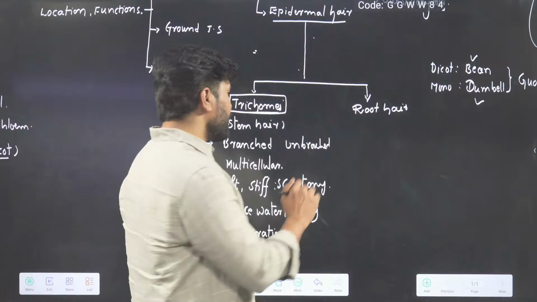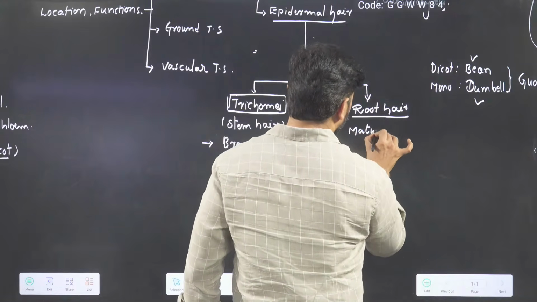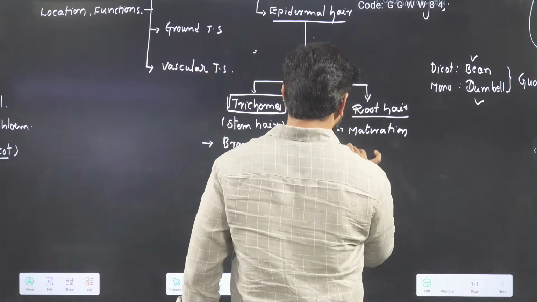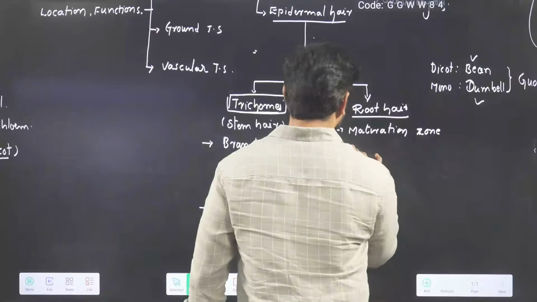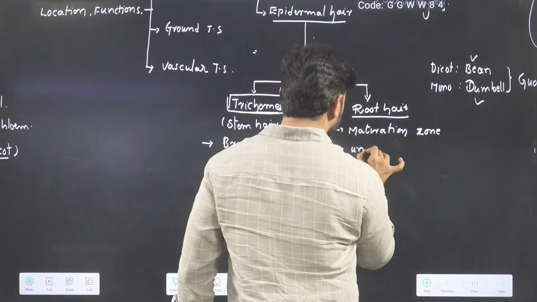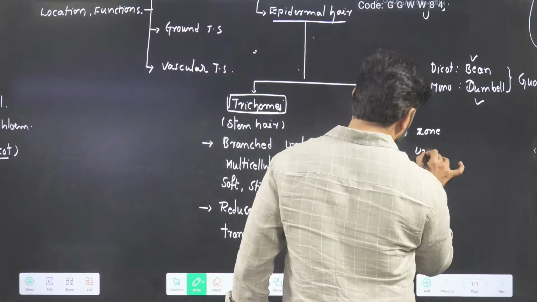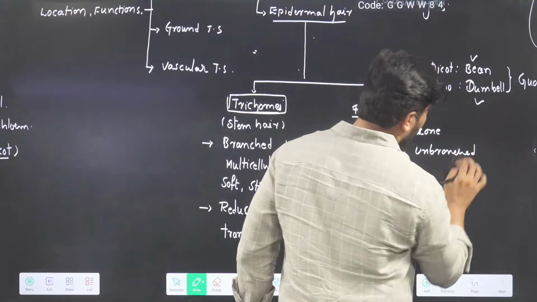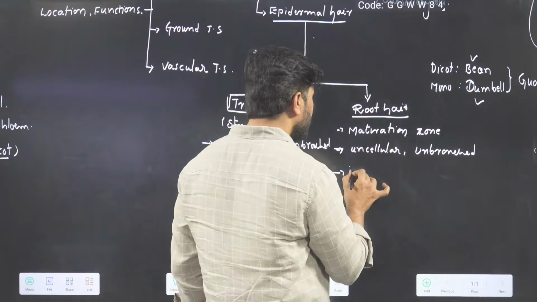That is called the region of maturation. Am I correct? Region of maturation, or maturation zone. Other features: they are unicellular, always unbranched. And they don't have any other work. Only one work they have: to increase surface area.